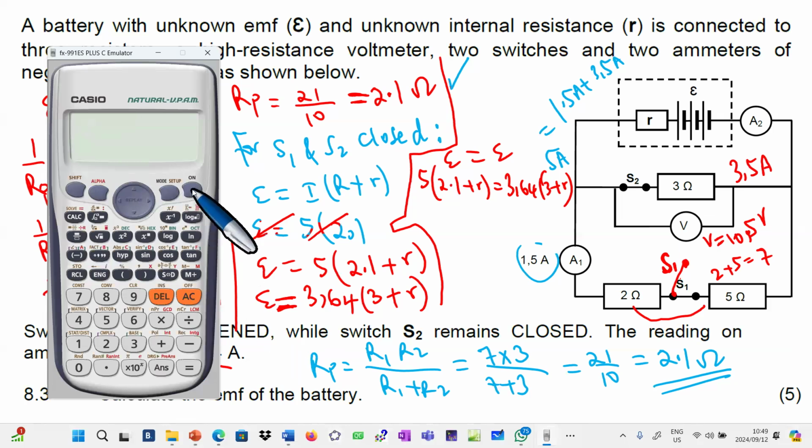Right, a couple of things therefore remain important. 5 times 2.1 is 10.5.